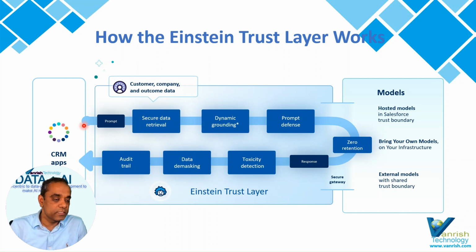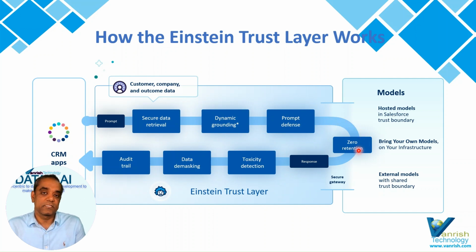If you notice the whole flow, the prompt is coming in, secure data retrieval, dynamic grounding. Based on your question or prompt, it deciphers your sentence and pulls that information from your system. Prompt defense is also embedded in your Einstein trust layer.